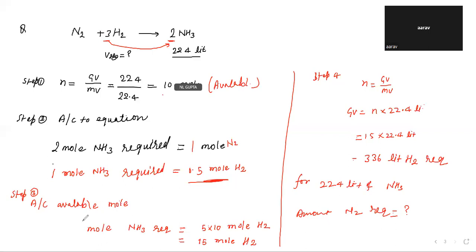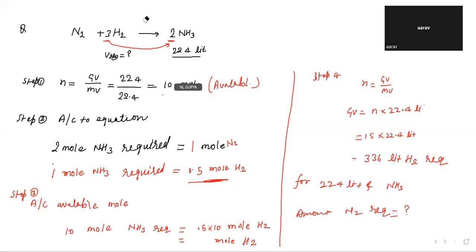Firstly, I think you are saying correctly. According to the available mole, how many mole are available? 10 mole of NH3, right? Required what? 0.5 into 10. How much is coming? 5 mole.